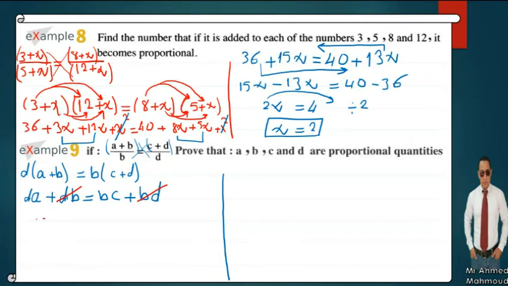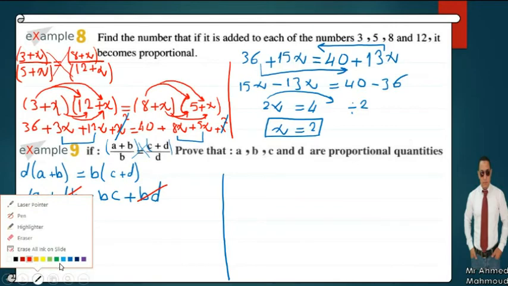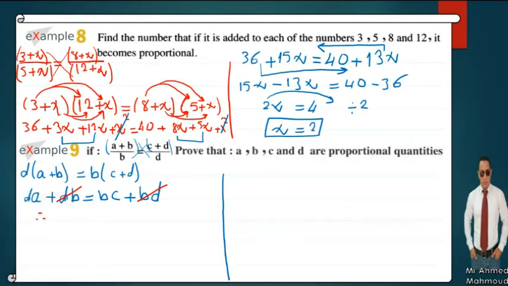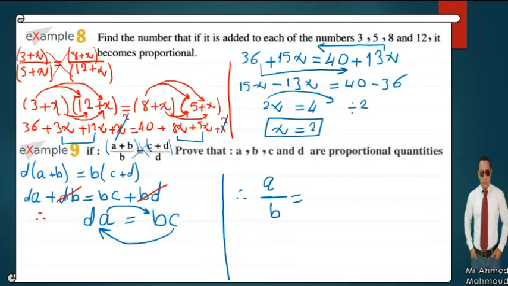Therefore da equals bc. Then a over b, excuse me, a over b equals c over d.